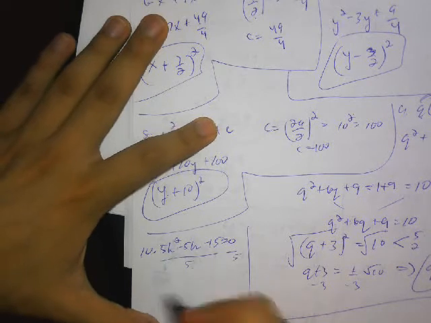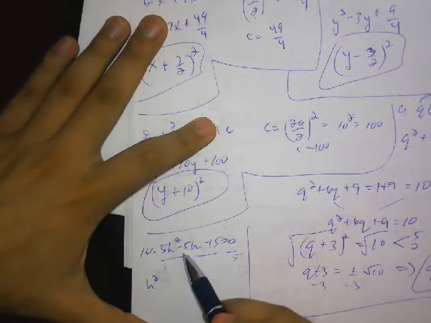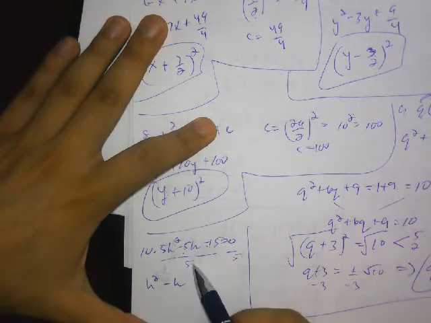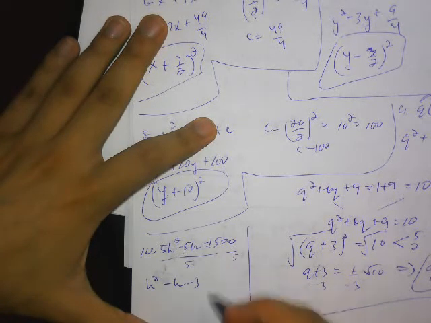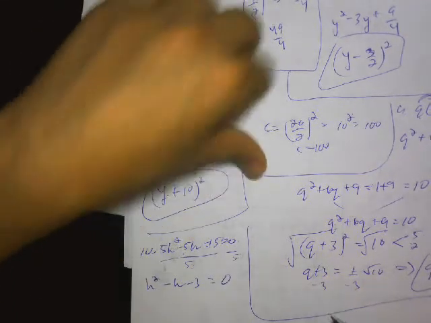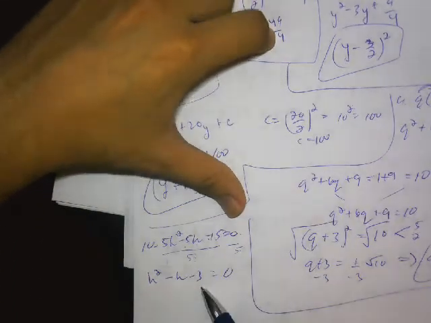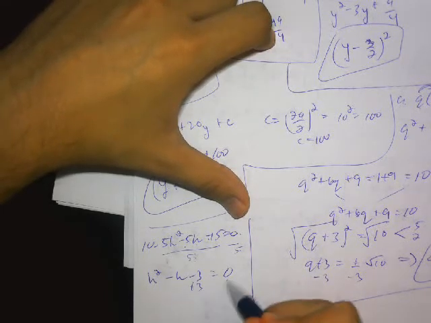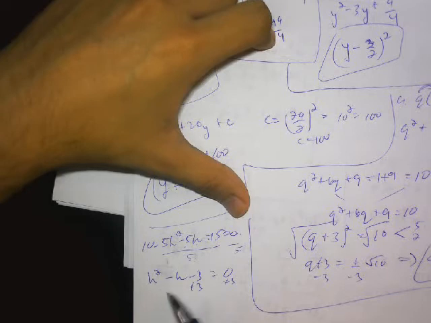Now that we have this, we can add 3 to this side, so that we can just have our h's, and we can complete the square on that. So that's h squared minus h is equal to positive 3. I'm completing the square here, so my middle term is 1. So that's negative 1 half, and we're squaring that.